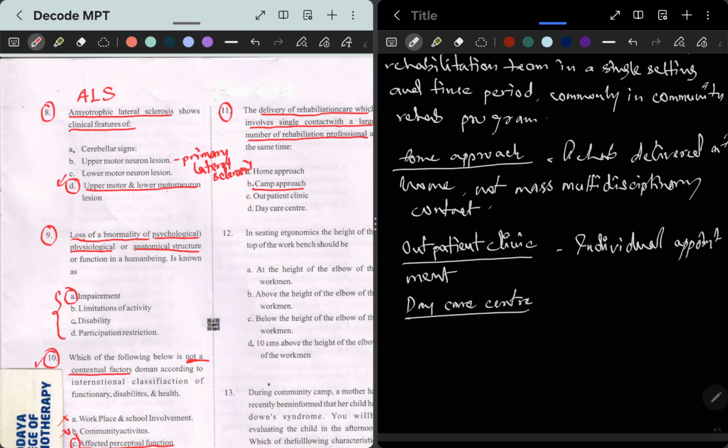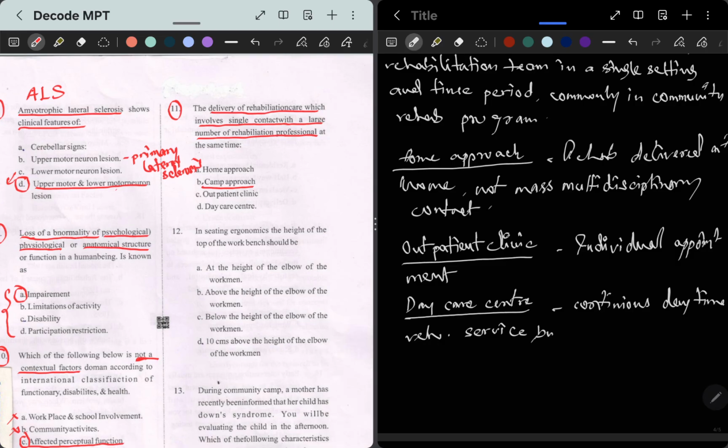In a daycare center, there is a continuous daytime rehab service, but not specifically camp-like mass contact.